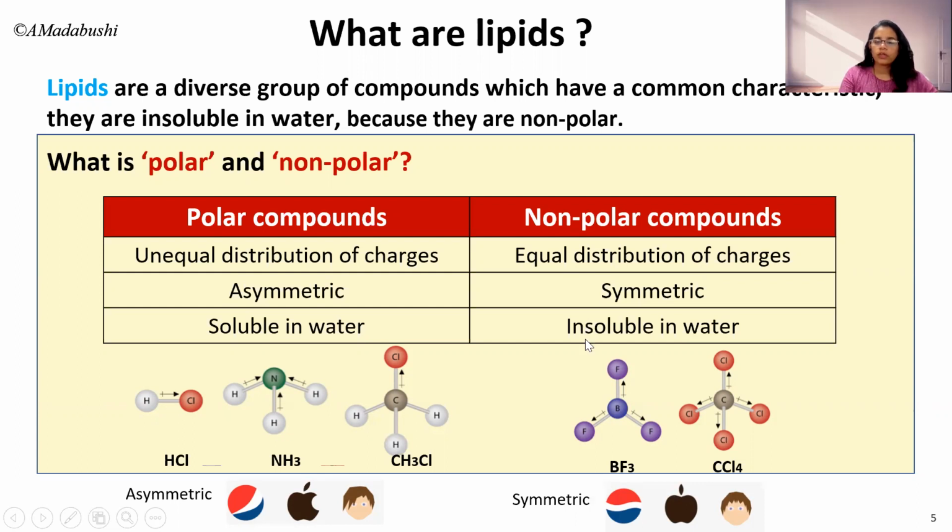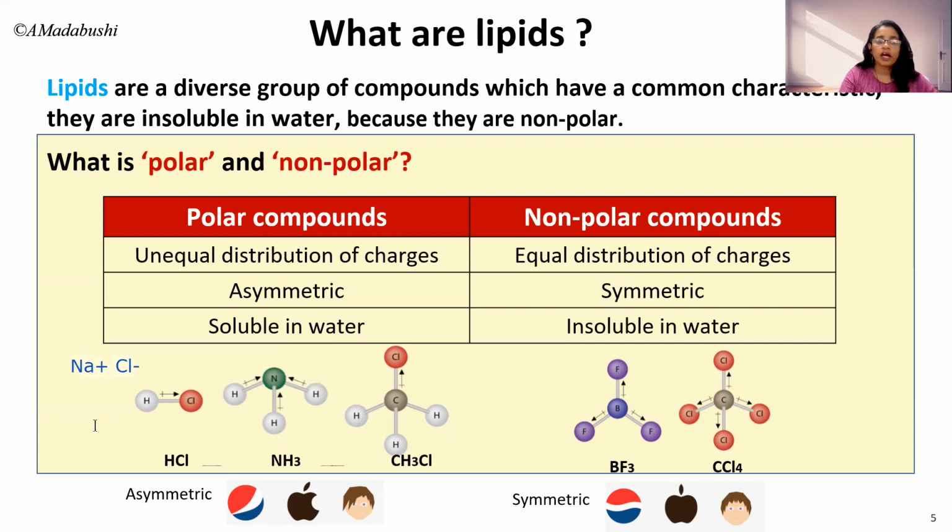So nonpolar, not soluble in water. That's a good way to remember. Nonpolar, not soluble. Polar, soluble. And one of the things that I always remember is an example of sodium chloride, NaCl, Na plus Cl minus, as a polar compound.